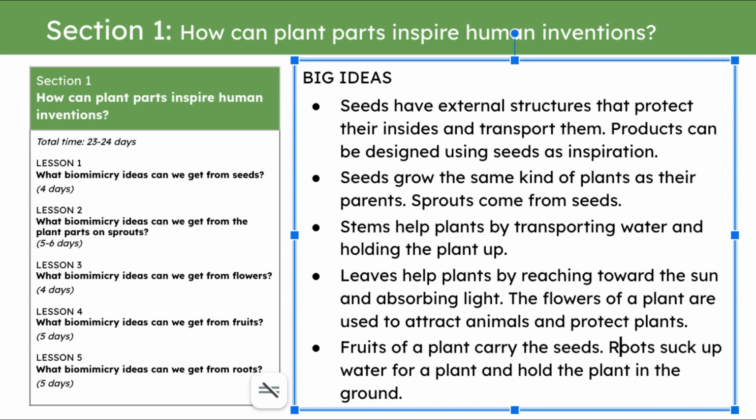Leaves help plants by reaching toward the sun to absorb light. The flowers of a plant are used to attract animals and protect plants. Fruits of a plant carry the seeds. Roots suck up water for a plant and hold the plant in the ground. Introducing the anchoring phenomenon and Section 1 combined should take about 23 to 24 days to complete.